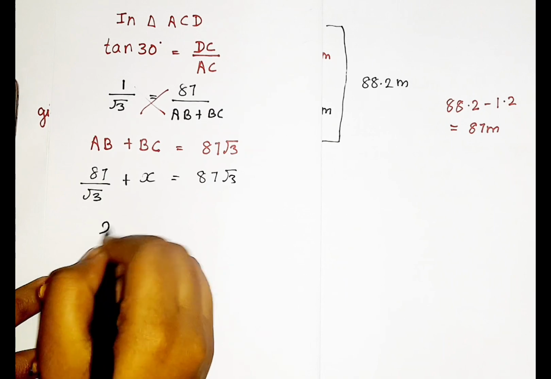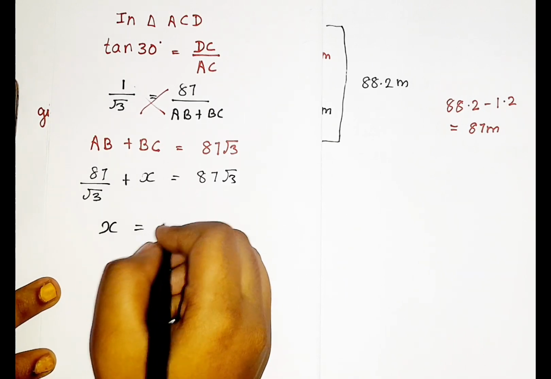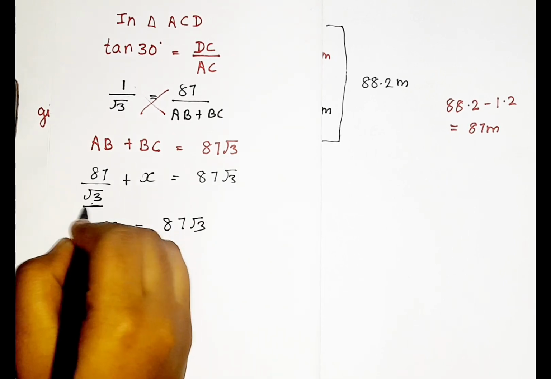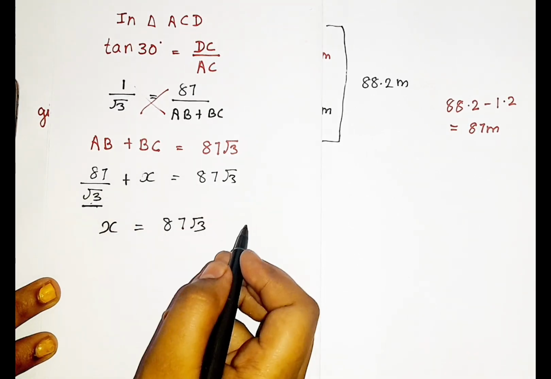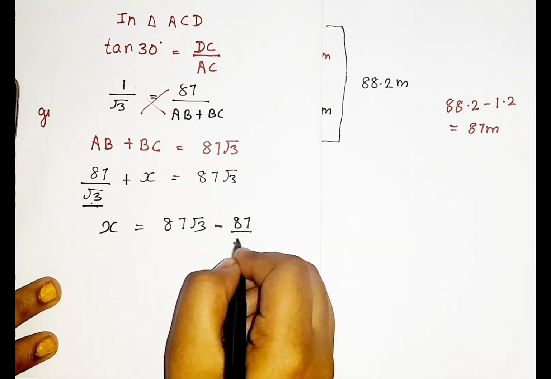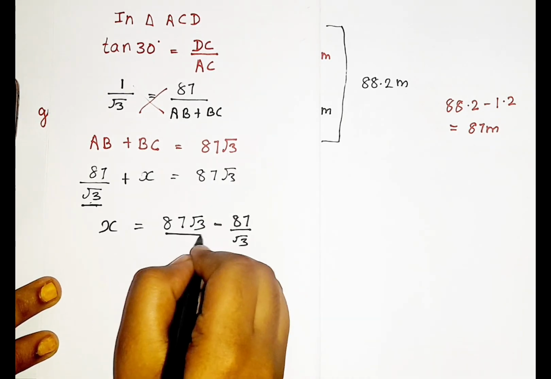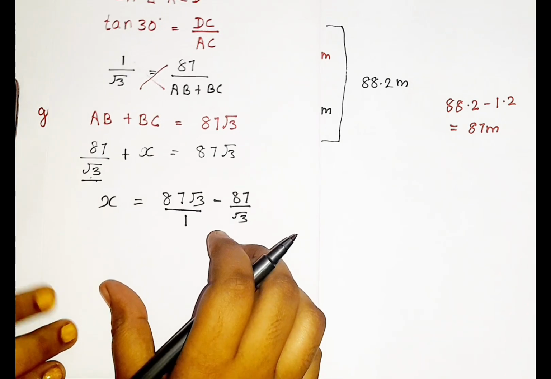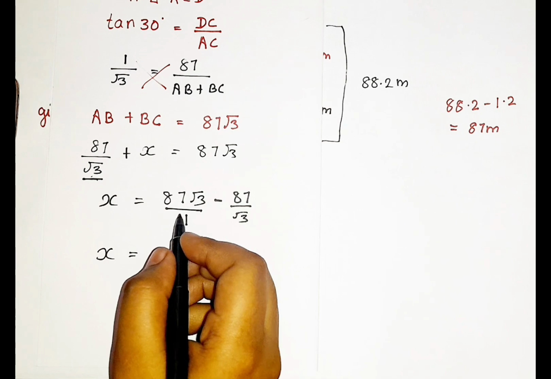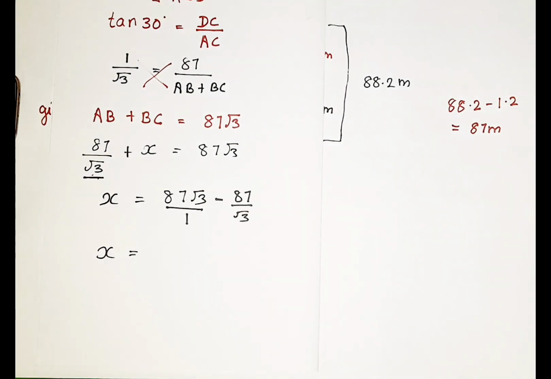So now X is equal to 87 root 3. When this 87 by root 3 comes to this side, it changes into minus 87 by root 3. Nothing is there, means divided by 1. So now X is equal to, here we are supposed to take LCM.